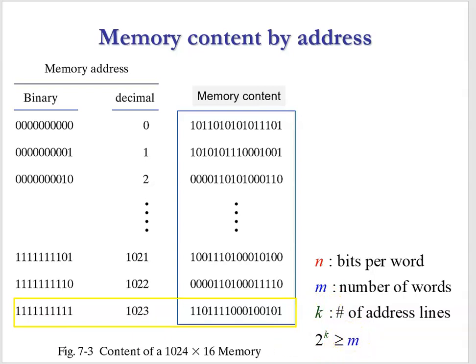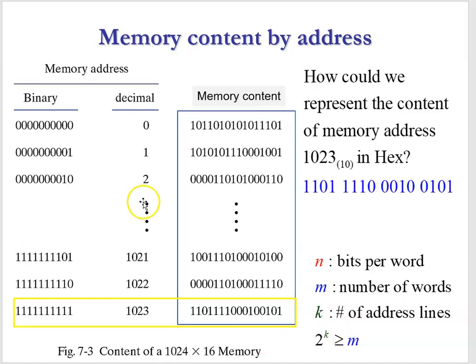And again, as an example here, if we wanted to represent the content of memory address 1023 down here, it's difficult to read, but we could represent that more easily in hex, just like it's easier to talk about the binary address as its decimal address. We could also talk about that as its hexadecimal address.